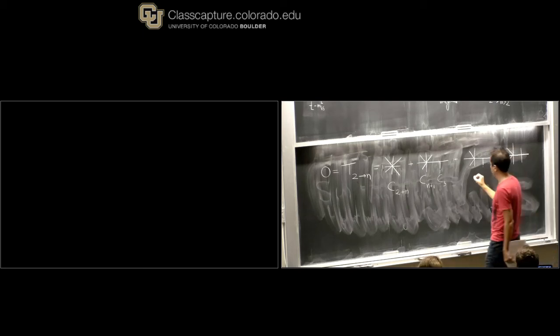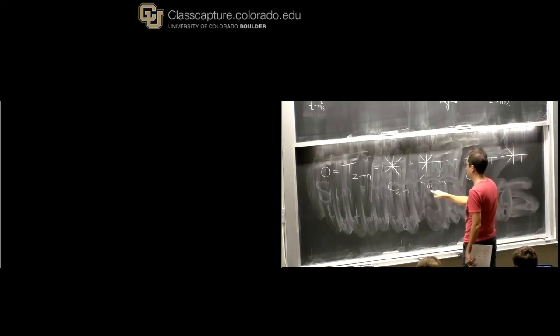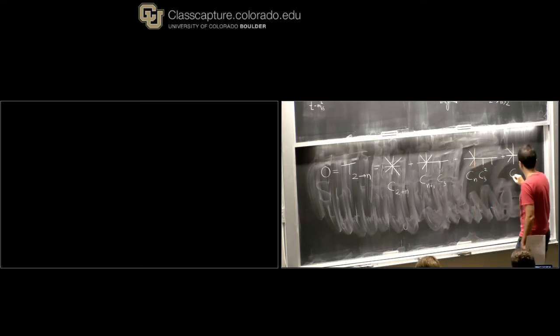And this graph would be C_{n+1}, this would be C_n C3 squared, and this would be C_n times C4. And then the claim is that it stops here. Plus 0. Why 0?